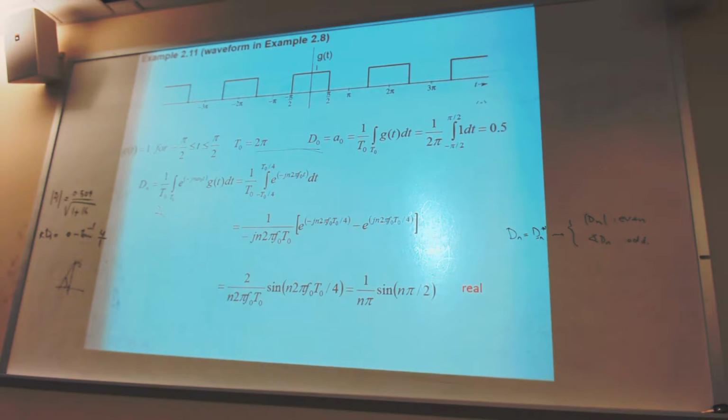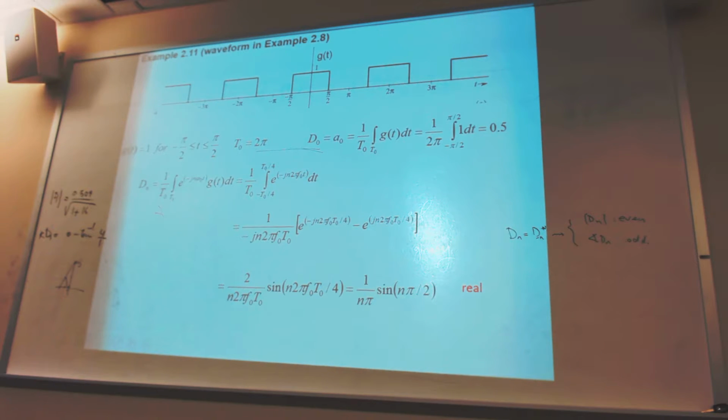Okay. So another example, we have seen this square wave in the compact form. For the exponential, the same. The DC, again, always do the DC separately, just take the integral. For the Dn it is g(t) e to the minus j n omega 0 t dt, integral over 1 period. So what's the period of the signal? First of all, this is periodic.